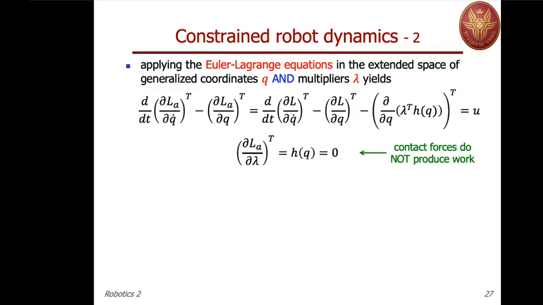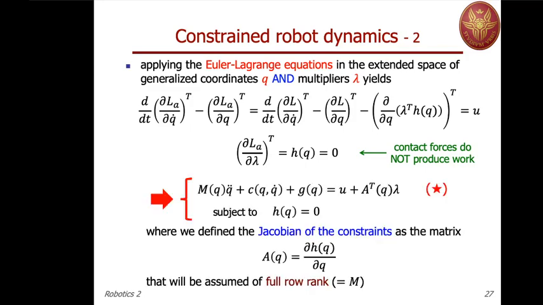Now if you do this computation, you will find on the top equation again the same model that we had before. So M of q double dot plus C of q, q dot, the velocity terms, Coriolis and centrifugal, plus the gravity terms. You have a u on the right hand side, and if you bring the last extra term to the right hand side and you do the transposition, you will have a matrix A transpose of q multiplying the multiplier lambda.